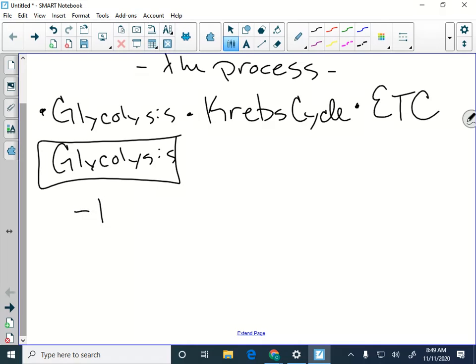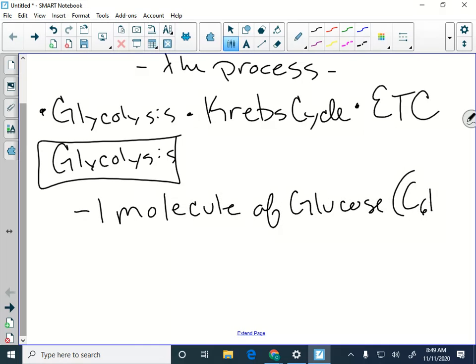So, during glycolysis, 1 molecule of glucose, remember glucose is C6H12O6, or a 6-carbon sugar. I'm going to point out the number of carbons a lot just so we can keep track of where our sugars are going, where our carbons are going, to make sure all of our math works out and we're not losing anything.